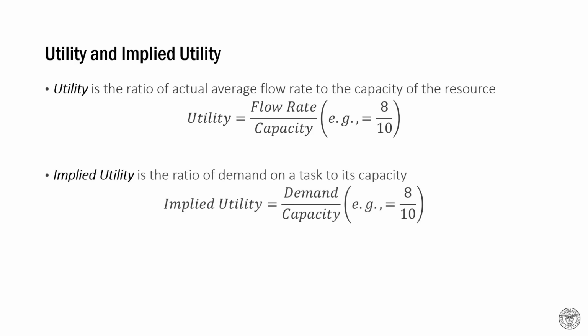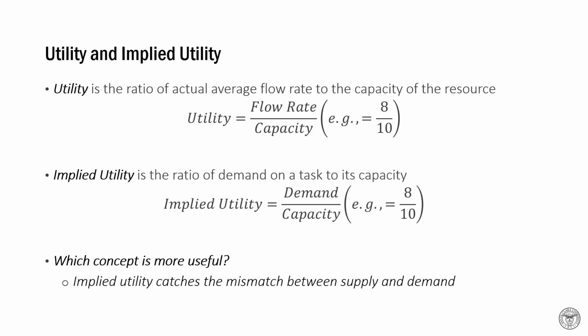On the other hand, implied utilization is the ratio of demand on a task to its capacity. In this case, if the demand for a task is 8 units and its capacity is 10 units, the implied utilization will be 8/10.